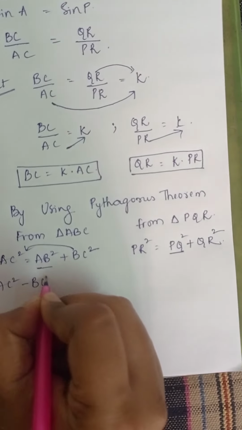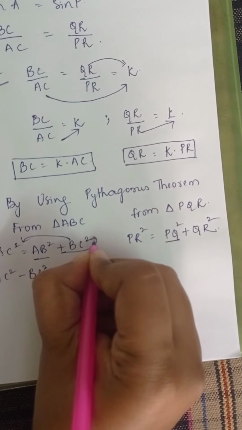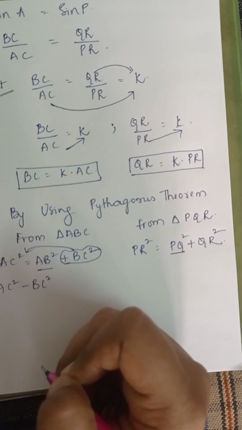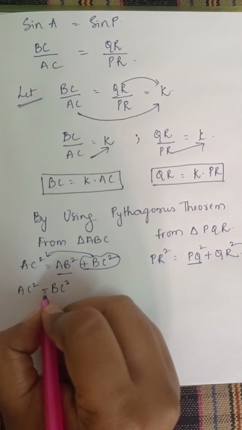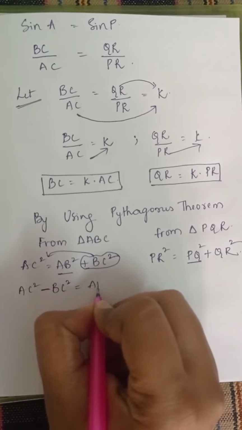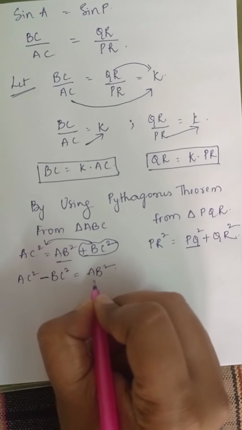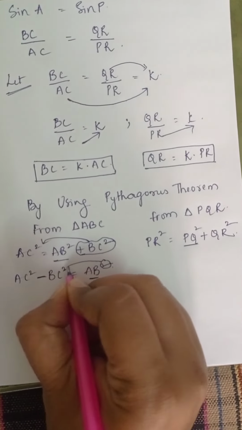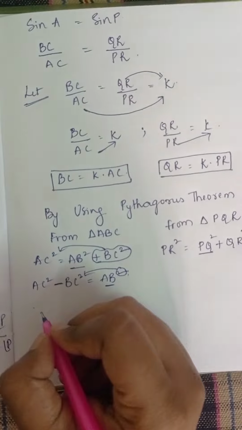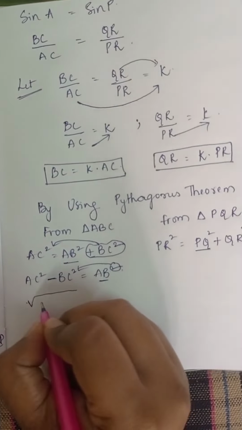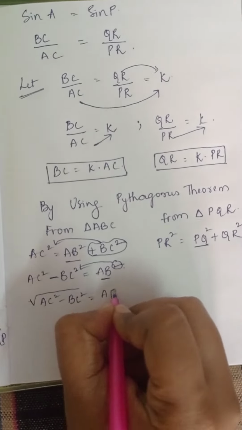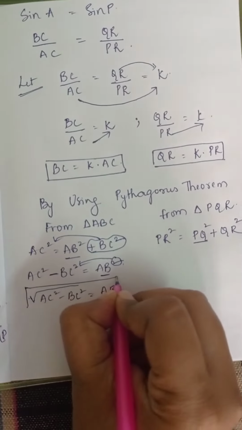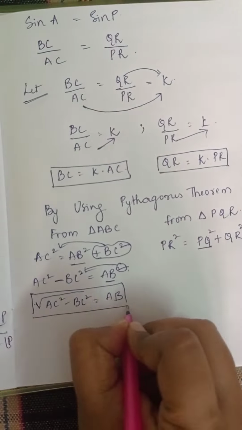We'll get AC square minus BC square, as it is in plus, we'll get minus, is equal to AB square. Now send the square to the LHS side. We'll get square root of AC square minus BC square, which is AB. This is what we want, right? We want AB, not AB square.